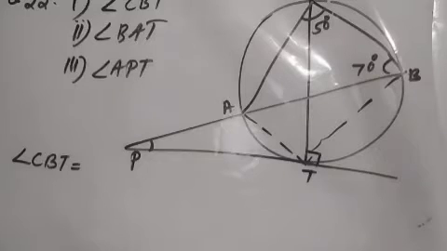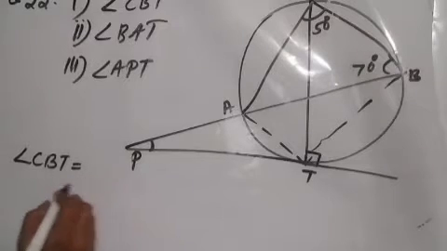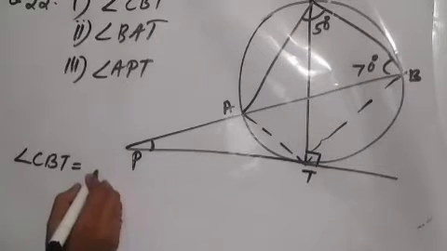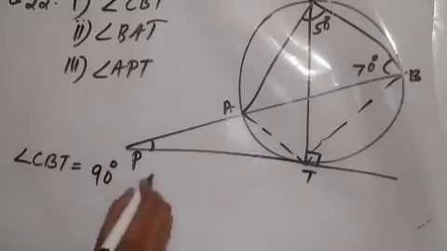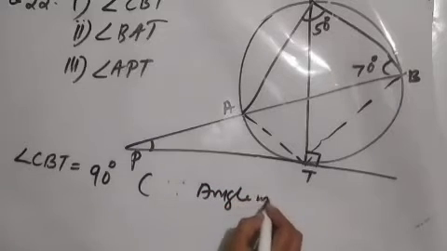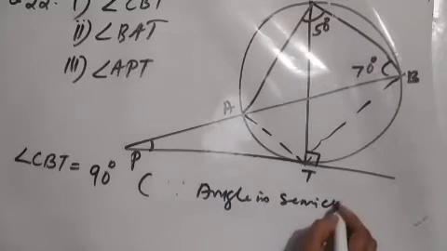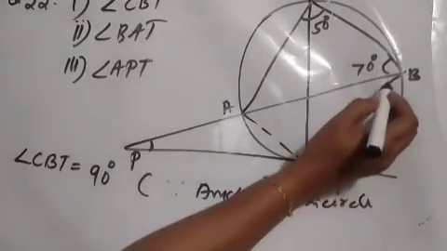So this CT is diameter. So angle CBT is 90 degree since angle in a semicircle is always 90 degree.